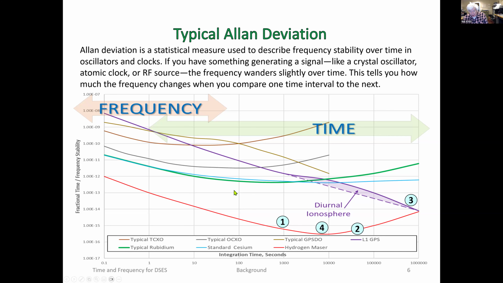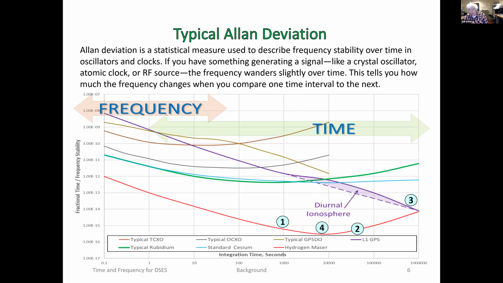And if you look at other kinds of oscillators, ovenized oscillators, and so forth, they start better, they are the best at, say, 100 seconds, or perhaps 1,000 seconds, or even 10,000 seconds. But in all cases, the oscillators, by definition, are not perfect.